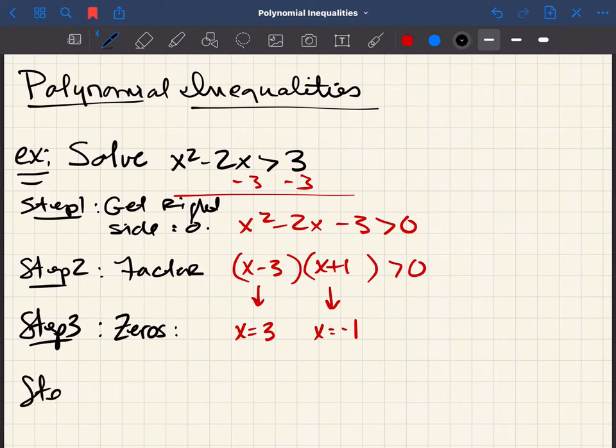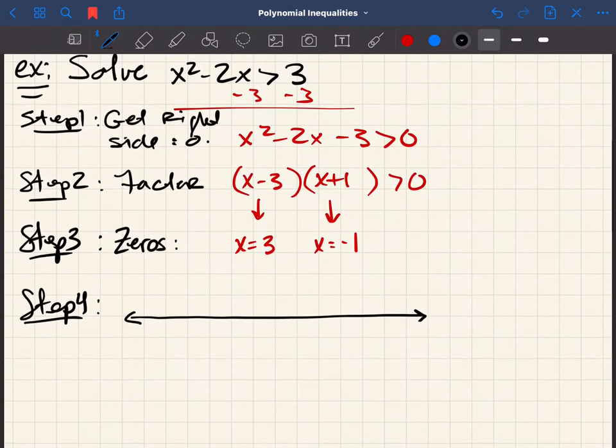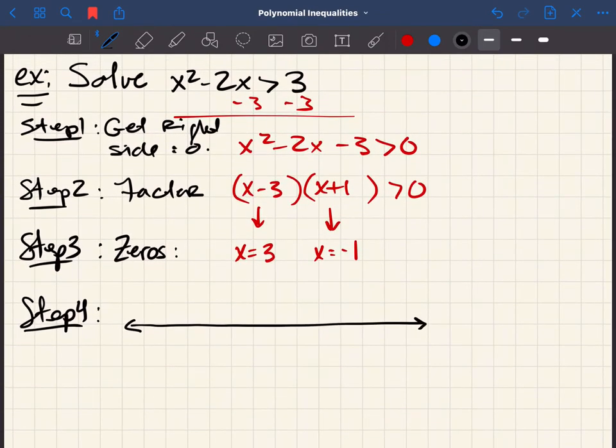All right, step 4. This is where we put our zeros or our x-intercepts. We're going to put them on our coordinate plane here. So we're going to be just looking at our x-axis to begin with. So we have -1. We got 0, 1, 2, 3.